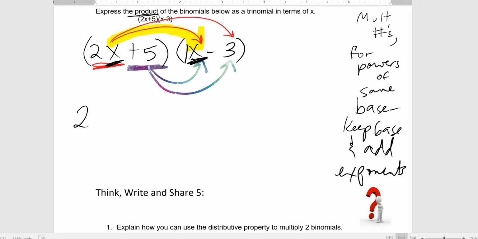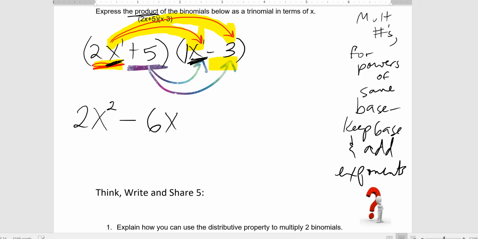Again, where there is no exponent, it's an understood 1. 1 and 1 makes an exponent of 2. Okay, second multiplication, 2x times minus 3. Multiplying the numbers, 2 times negative 3 is negative 6. There is no other x, so we just bring it with us.